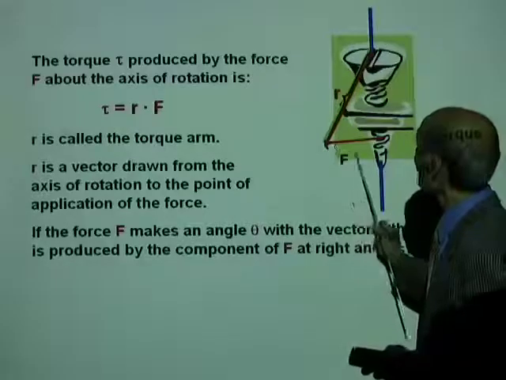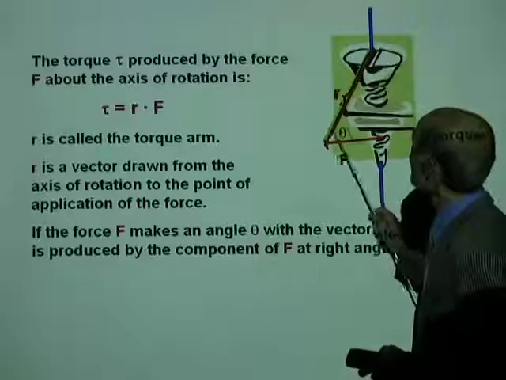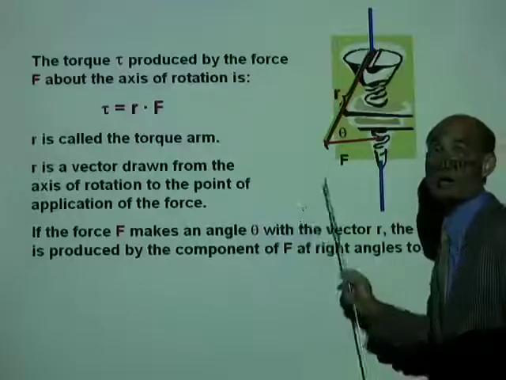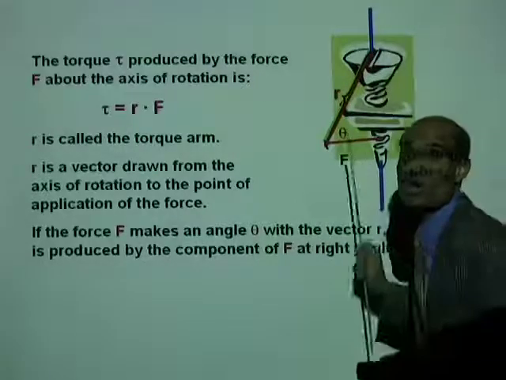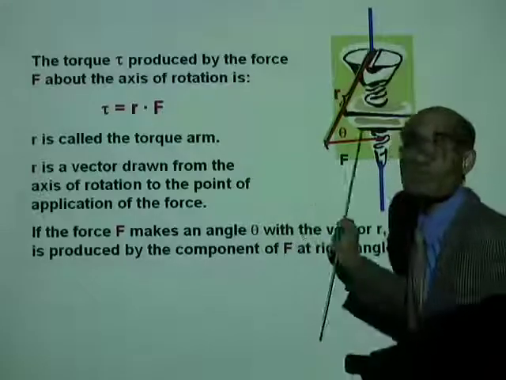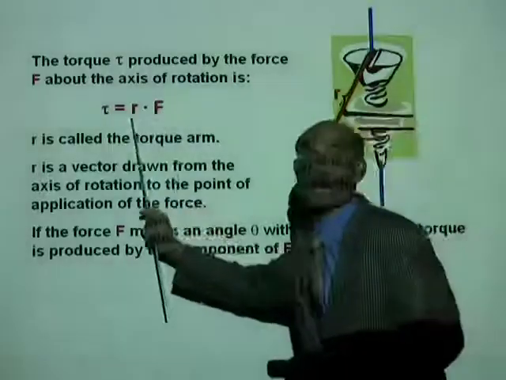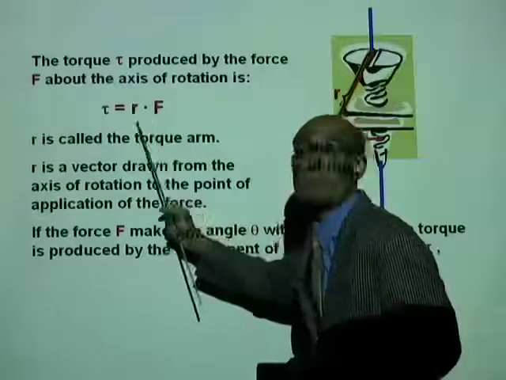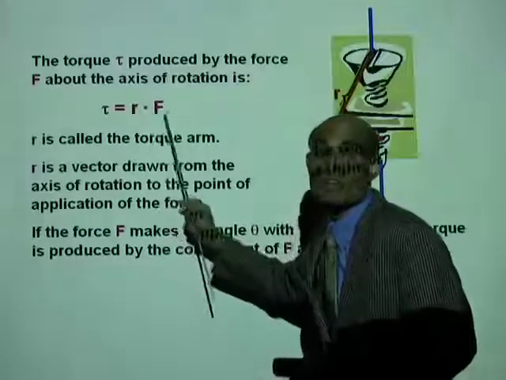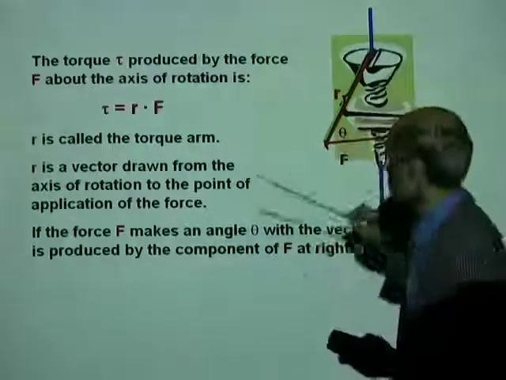Now, if this force makes an angle theta with the vector r, then you can see this r is no longer perpendicular to the force. Now, in order that this definition may be true, r and F have to be at right angles.